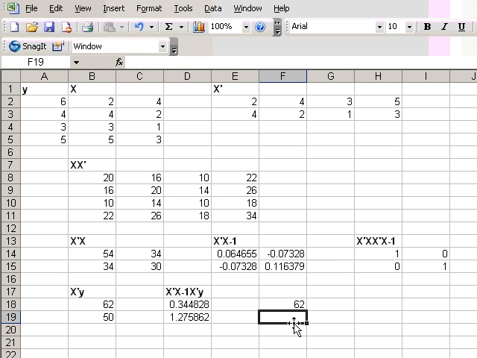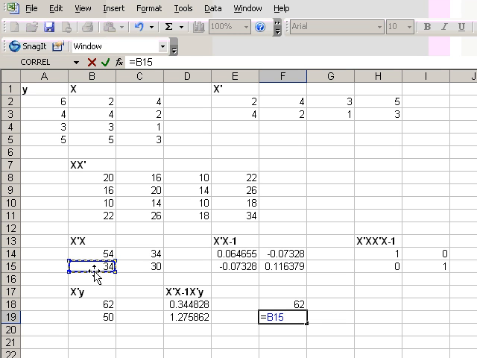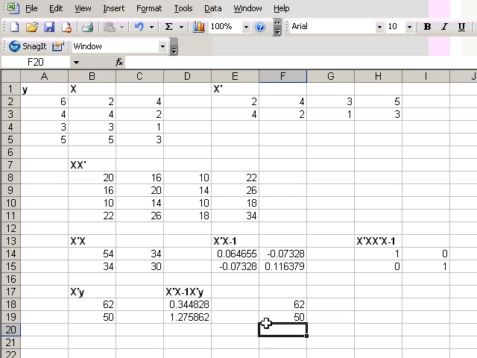I can also do the same, equal 34 times 0.34 plus 30 times 1.27 equals 50. But essentially what I've done is matrix math.